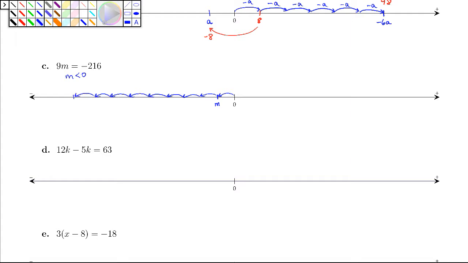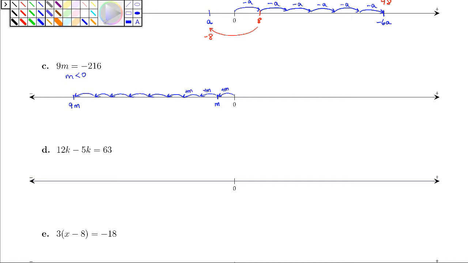Here is 9 copies of m. Each one of these is adding m, remember, where m has to be a negative number. And this number lands at negative 216.